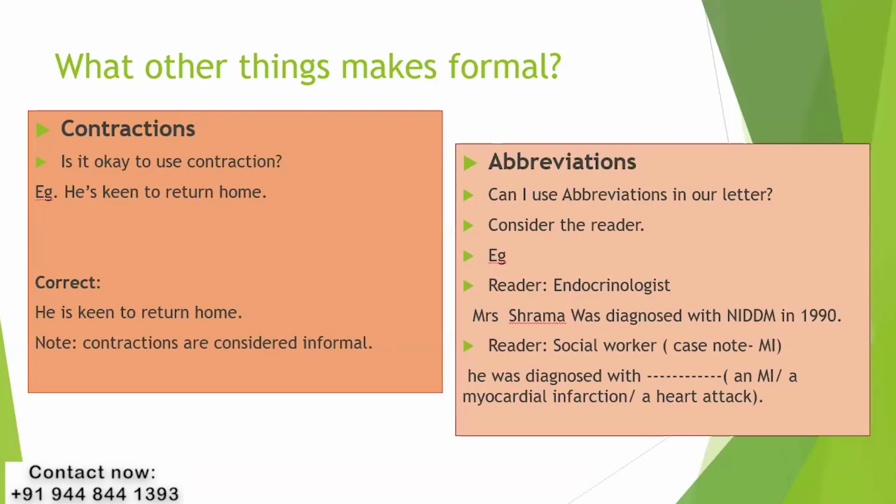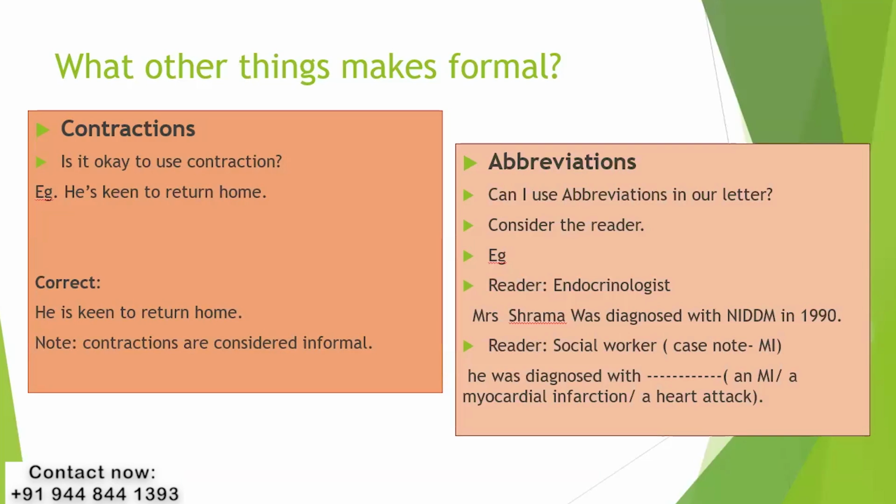What other things? Contractions. When we are writing, we tend to write contractions, for example, I don't have, where you write don apostrophe t. This is not the way you have to write, because contractions are considered informal.